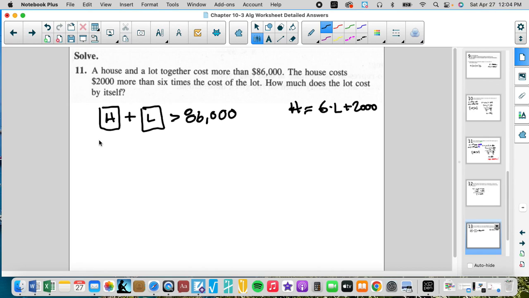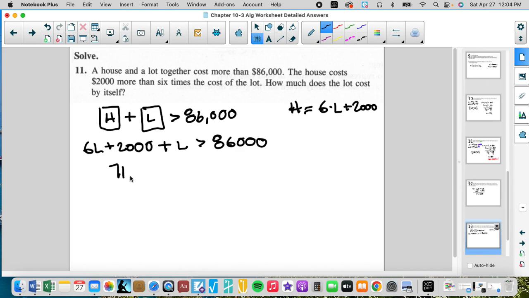So instead of writing H, we're going to have 6L plus 2,000 plus the lot cost must be greater than $86,000. So you see how I made a nice little general formula, and then I got more specific. I can't have 2 variables because then I can't isolate and solve. So I had to substitute a value that had a relationship between each other, and it eliminated one of those.